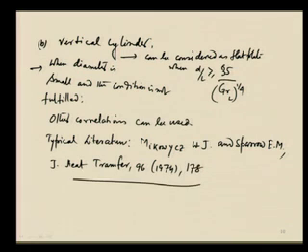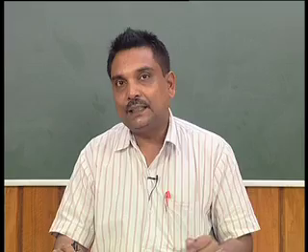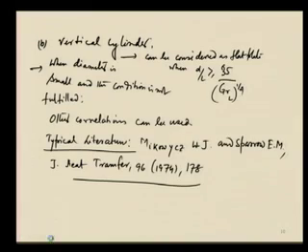So, this reference is a typical literature which can be considered when the vertical cylinder diameter is small and it cannot be considered or simplified as a vertical plate under the situations. Now, in addition to this, if I consider a case of, say, horizontal surface with constant heat flux.